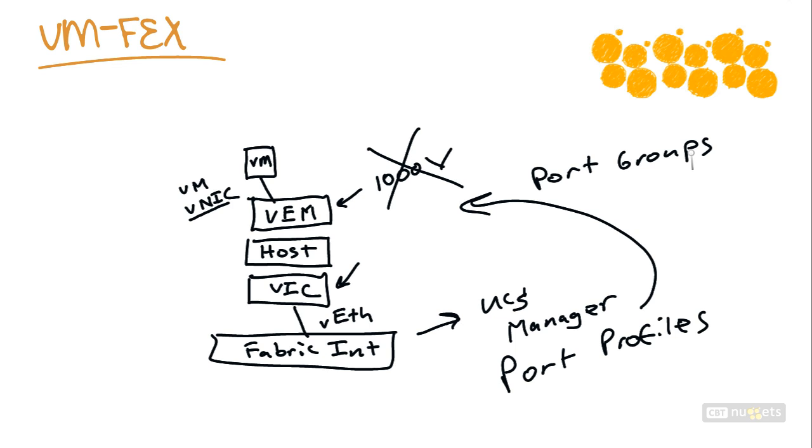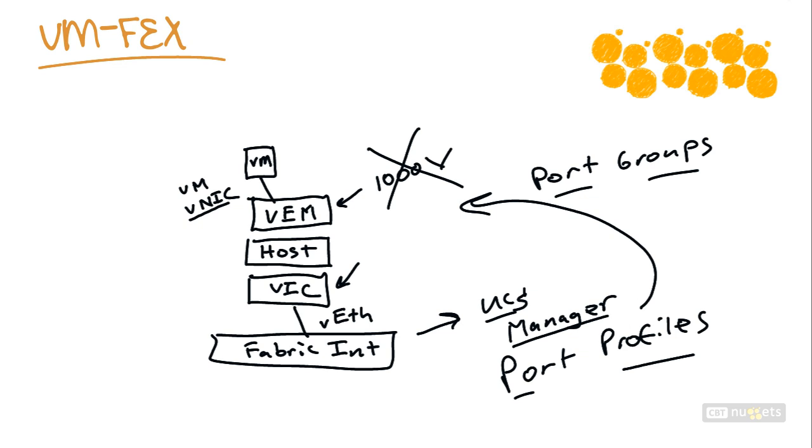Remember, we had that earlier discussion where the Nexus would use port profiles, and this would create the appropriate port groups in the VMware environment. This time, it's the UCS manager creating the port profiles for our port groups, because again, we can do this without leveraging the 1000V technology.